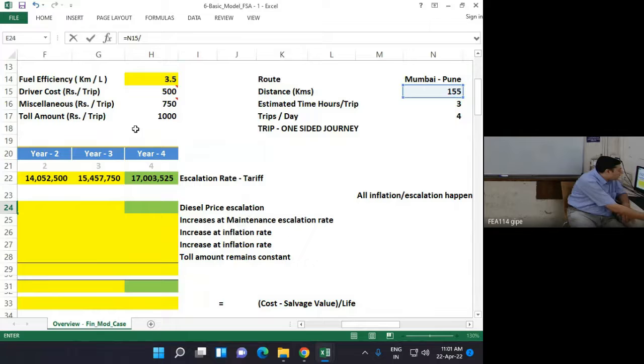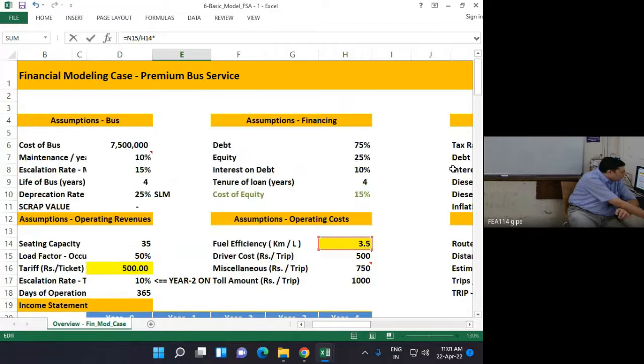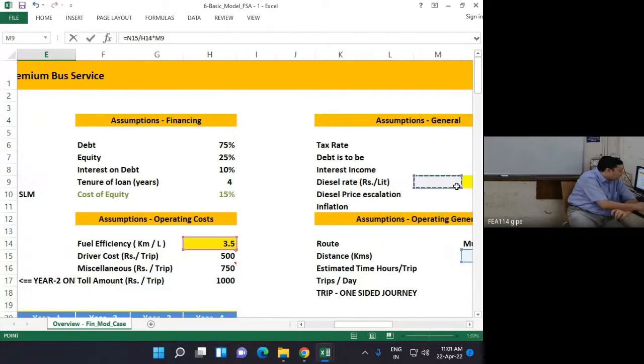So how much diesel will be needed to go this many kilometers? That is 44 liters. You will get that as 155 kilometers divided by the fuel economy 3.5, the distance the bus travels for every liter. So 44 liters of diesel into the rate of diesel, 95.